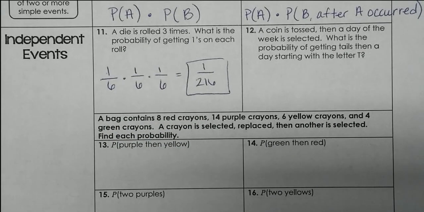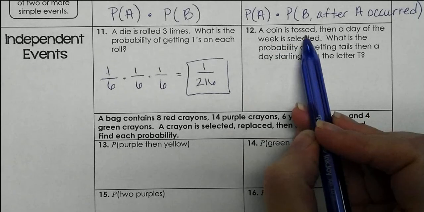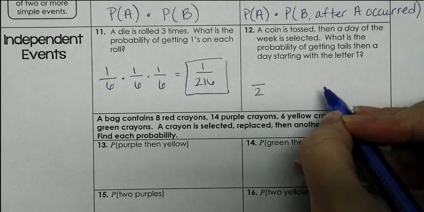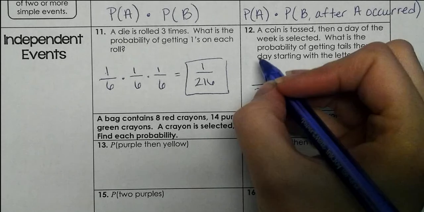Okay, on number 12 it says a coin is tossed, then a day of the week is selected. So you've got 2 events happening there. What is the probability of getting tails and then a day starting with the letter T? So let's first just focus on the coin toss. You've got 2 total possibilities, heads or tails. And the probability of getting tails, there's only 1.